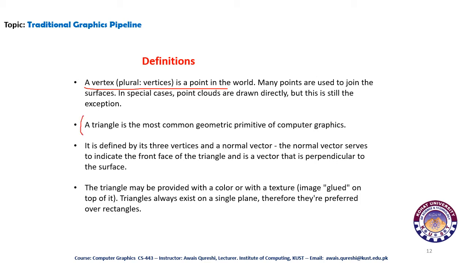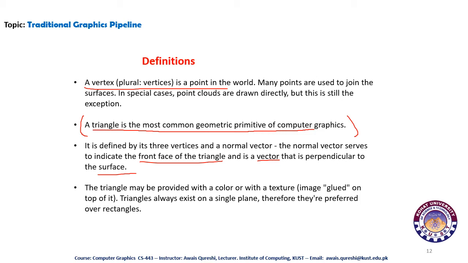A triangle is the most common geometric primitive of computer graphics, so this is the main point. The triangle is the most important geometric primitive in computer graphics, and it is defined by three vertices and a normal vector. The normal vector serves to indicate the front face of the triangle in 3D, and is a vector that is perpendicular to the surface. Okay, you have studied the concept of vectors and matrices in your previous classes.